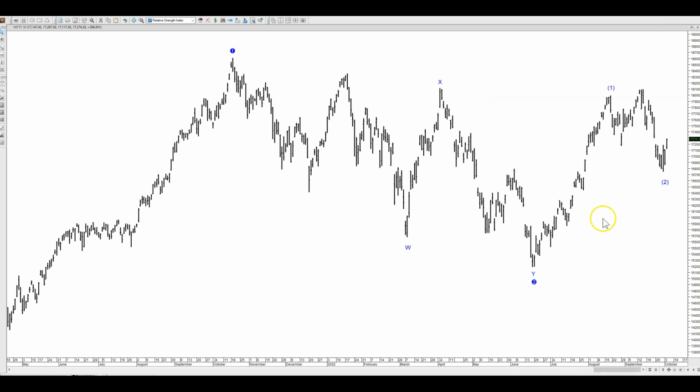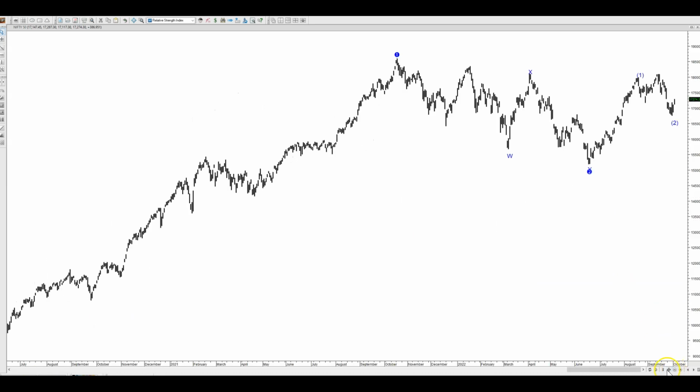And the daily chart of the Nifty, as you know, we have been following this, is large wave 1 from the 2020 low, a double zigzag WXY for wave 2. Then we are entering into wave 3 where we have the first wave of wave 3 done.